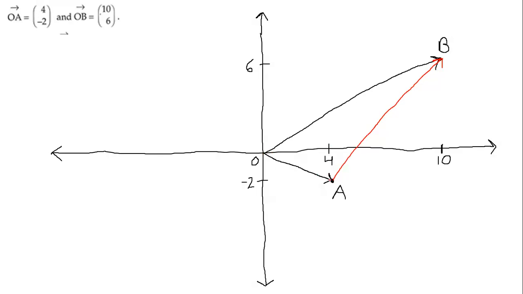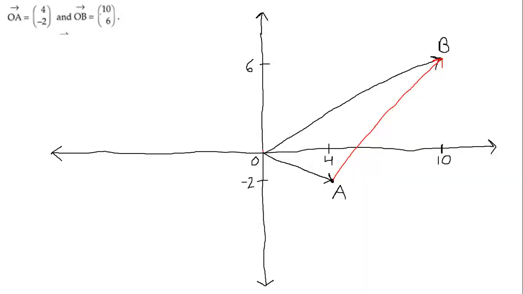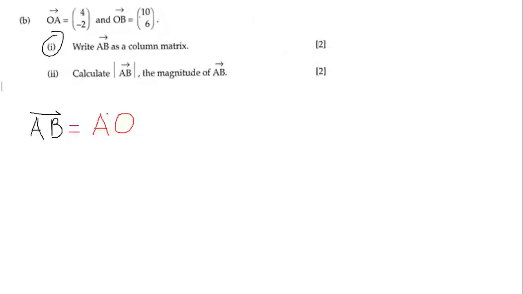AB is going to be equal to, remember, we start at A, and then we go to O, just like how we represented it in this diagram. And after you reach O, we start again at O and go to B, so it's going to be plus OB.